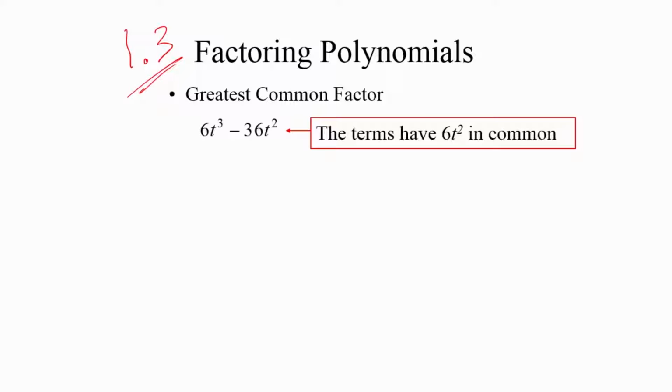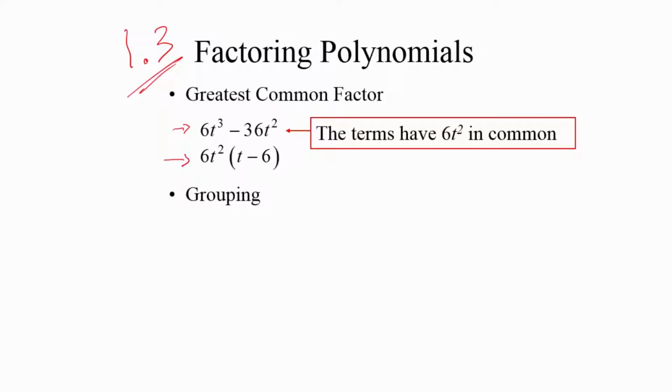It says the terms have 6t squared in common. So you take 6t squared out, or factor it out, and you will have t minus 6 in parentheses. Again, if you distribute this into the parentheses, you would get this. So these are equal to each other.